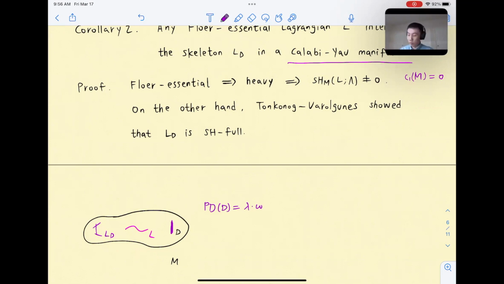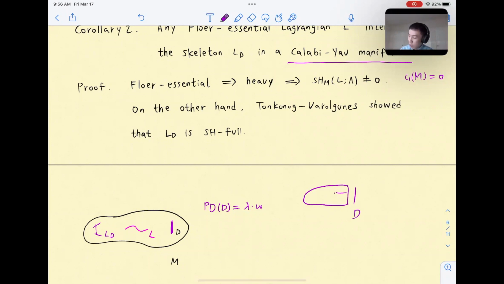Then we throw away this D, and we get an open manifold. On this open manifold, one can construct a Liouville structure. So we have this manifold M, we throw away D, and the open manifold is a Liouville domain.